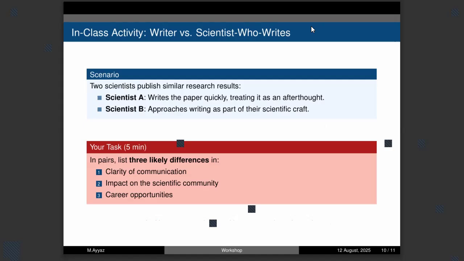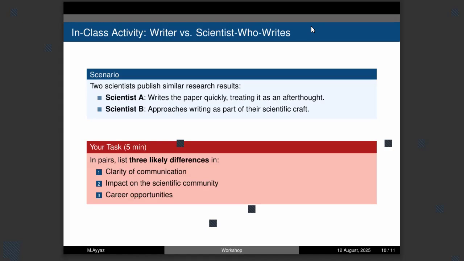There is a very interesting in-class activity that we can do. Consider a scenario of two scientists who are going to publish similar research results. But scientist A writes the paper quickly, treating it as an afterthought.